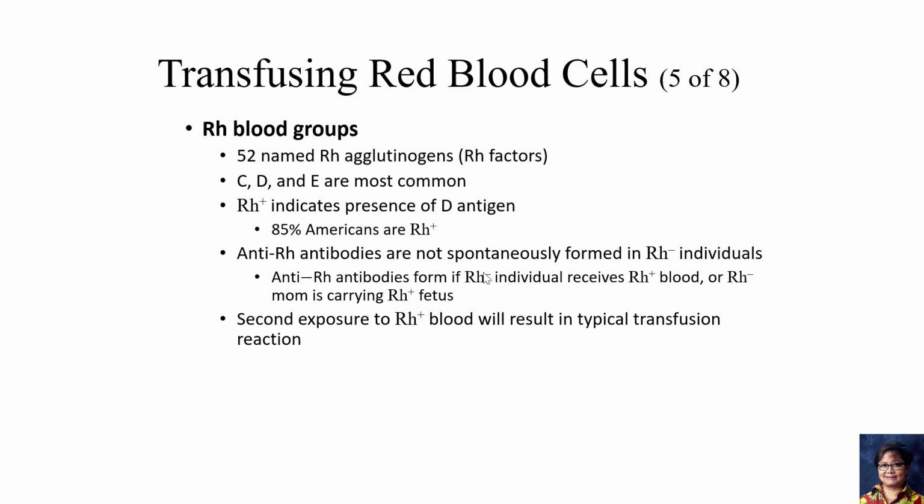There are really 52 named Rh agglutinogens or factors, and C, D, and E are the most common. But for our purpose, we're not going to designate them as C, D, or E. We just call it Rh positive when you have it. About 85% of people are Rh positive, and a good 15% are Rh negative.